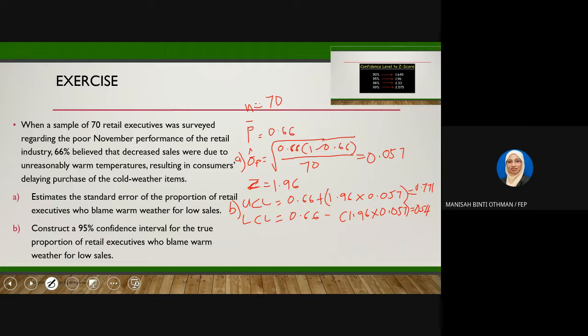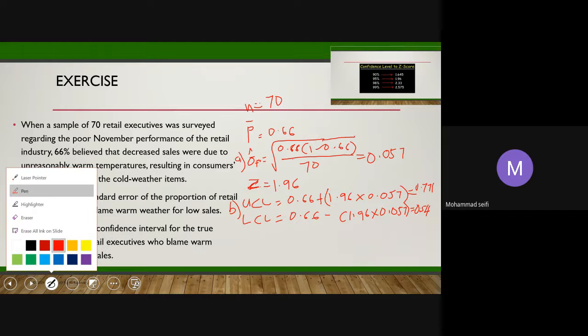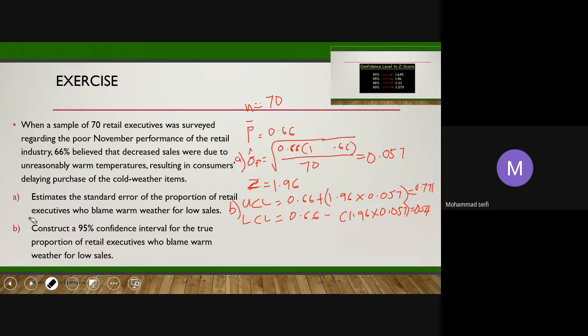This is the formula: 0.66 times 1 minus 0.66, divided by 70, then you take the square root. 0.66 times 1 minus 0.66 divided by n. Oh, okay. Yes, n is 70.